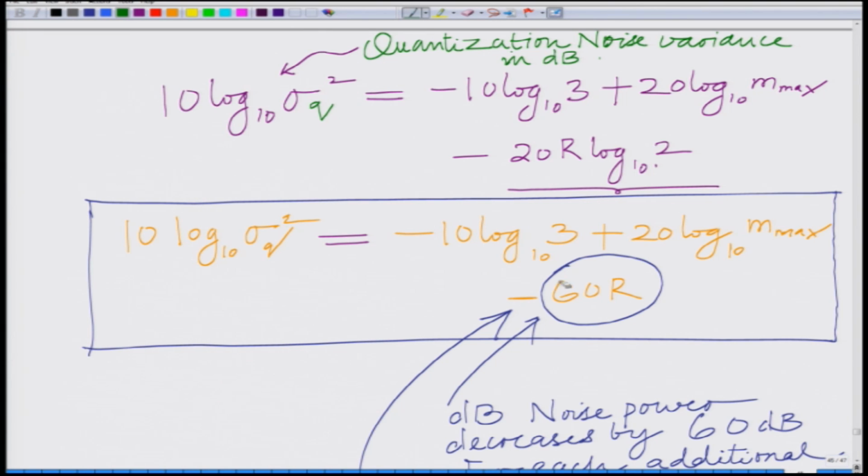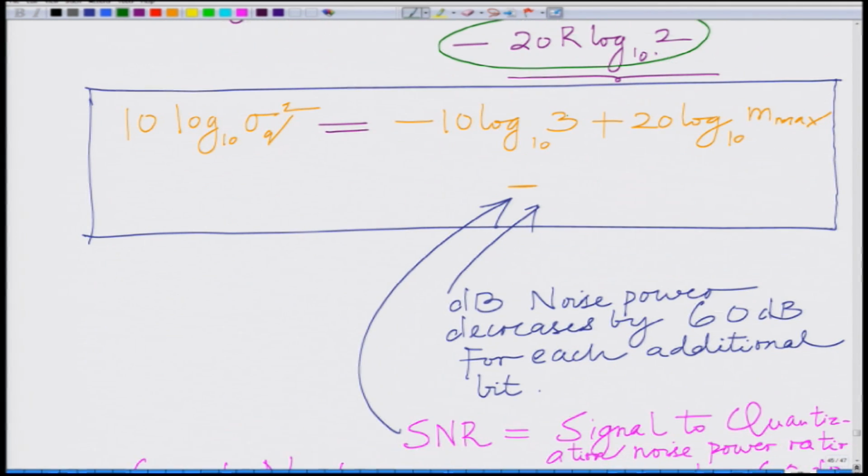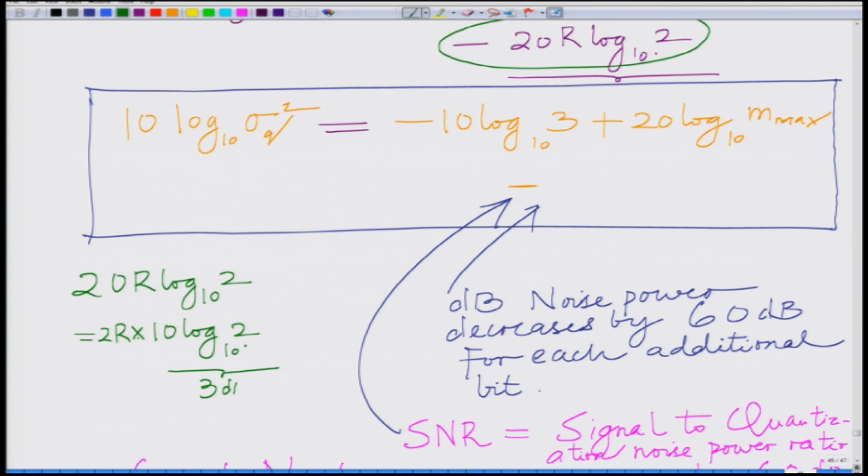So, 20 r log 2 to the base 10 equals 2 r into 10 log 2 to the base 10, and 10 log 2 to the base 10 is 3 dB.